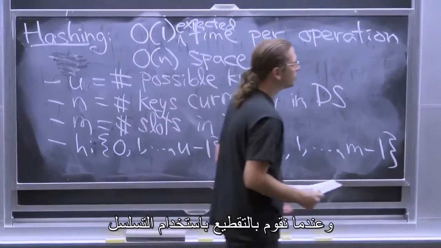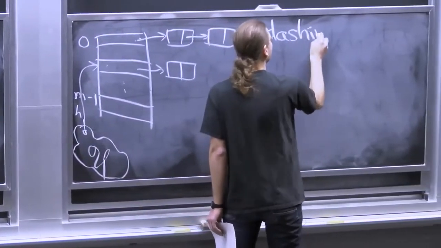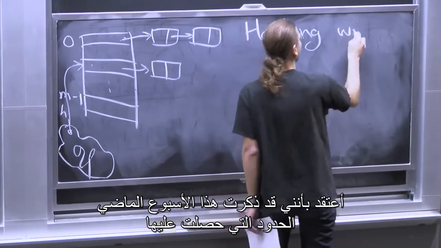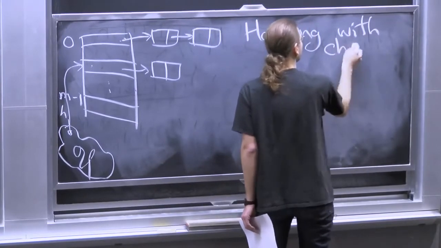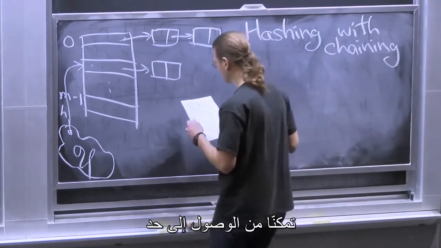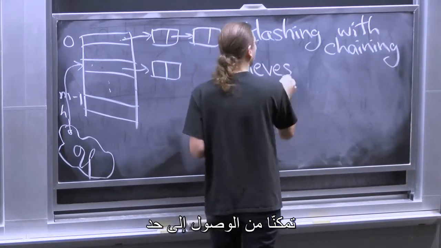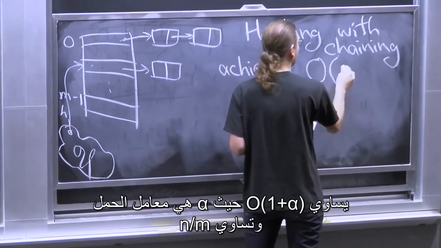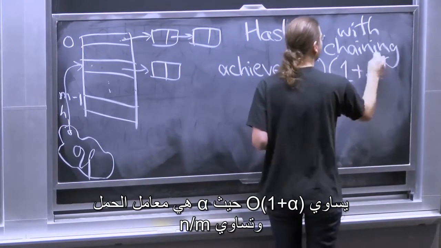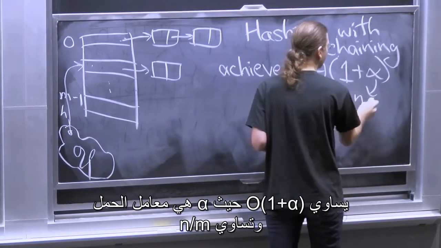Okay, and when we do hashing with chaining, I think I mentioned this last week, we achieve a bound of 1 plus alpha, where alpha is the load factor, n over m.